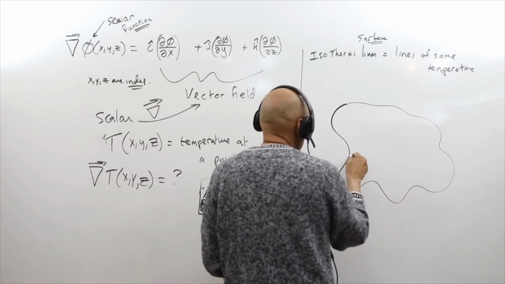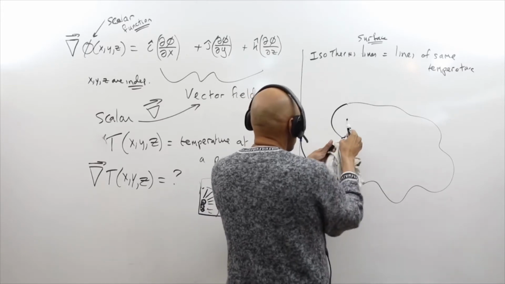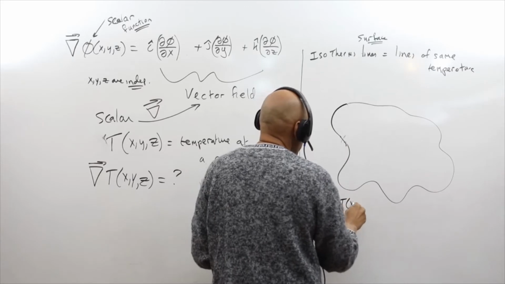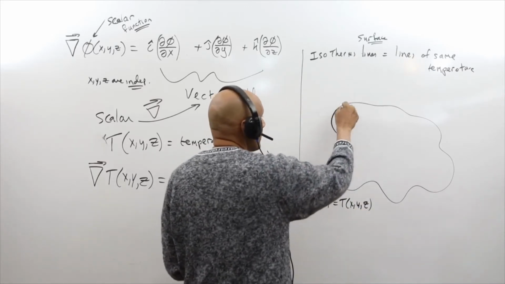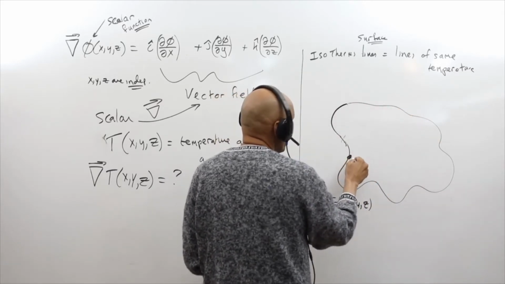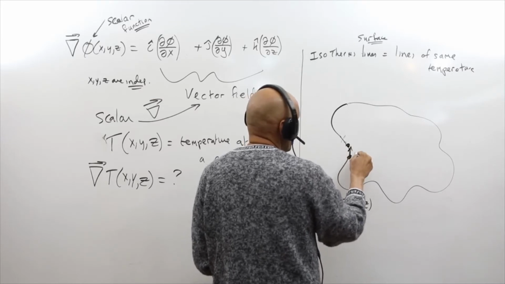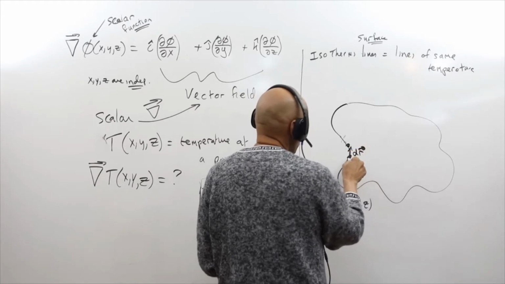Here's the temperature T. T is a function of x, y, and z. Now, if I'm traveling along that isothermal surface, from this point to another point, I'll call this difference dr, the change in the displacement. I went from here to here.